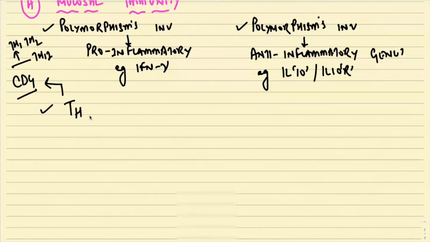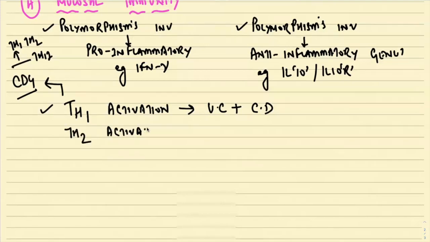So over here, activation of T helper 1 is observed in both ulcerative colitis as well as in Crohn's disease. Whereas T helper 2 activation is observed in ulcerative colitis only.